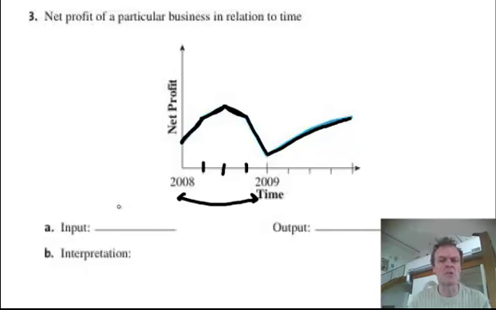Here the input is, I'll just put T for time. That's your classic input, time on the x-axis. Remember, you're reading the x-axis for input. Output is the profit. And the interpretation is just what I said: profits are increasing, they decrease to 2009, then start to increase again. So put a little detail in there.